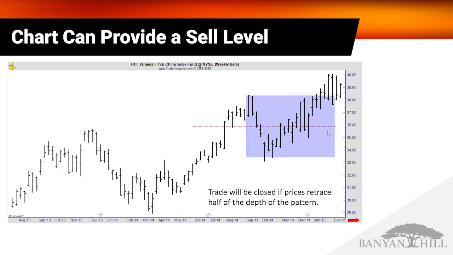So that's our defined risk. We already know what our risk is. We know from our pattern analysis video that the depth of the pattern, in this case about $5, provides us with our initial target. So our risk is $2, our target is $5. Overall, it's a good trade to take, and we know all of that just from looking at the chart.